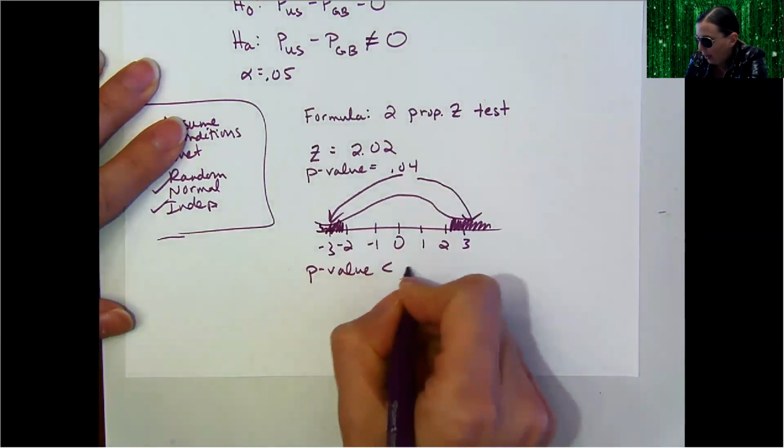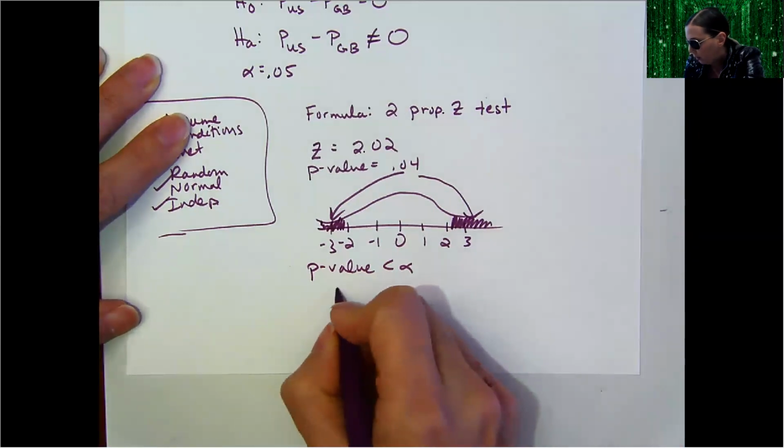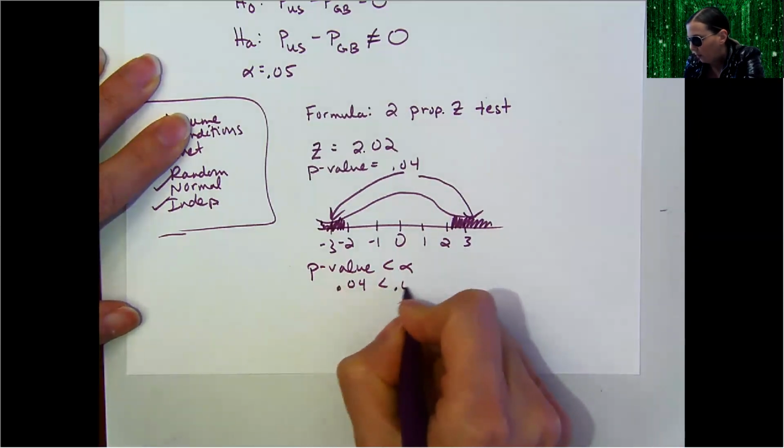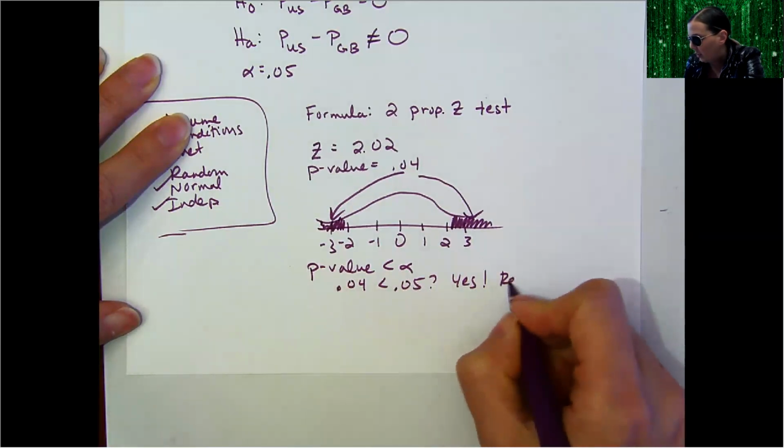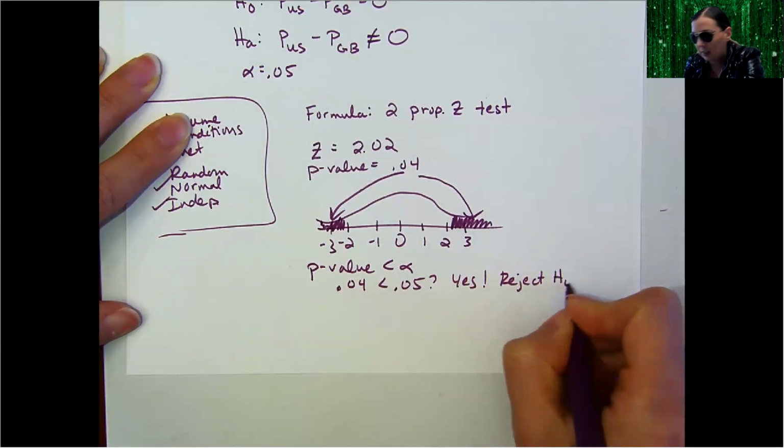P-value less than alpha is what you always compare. So is 0.04 less than 0.05? Yes. Since it is, we must reject the null hypothesis.